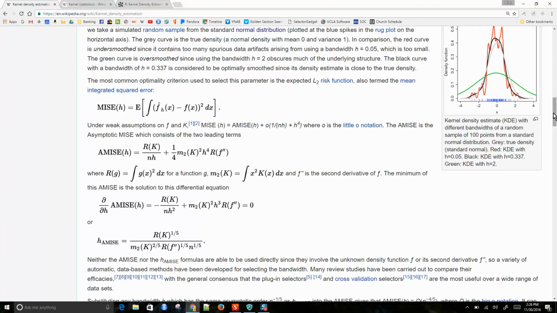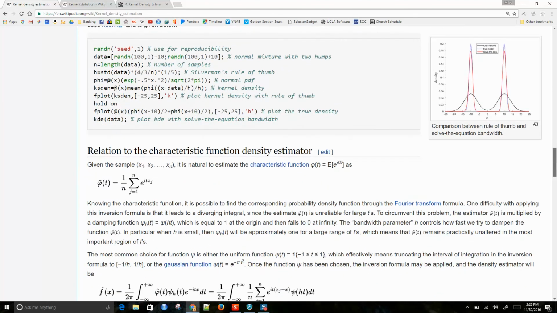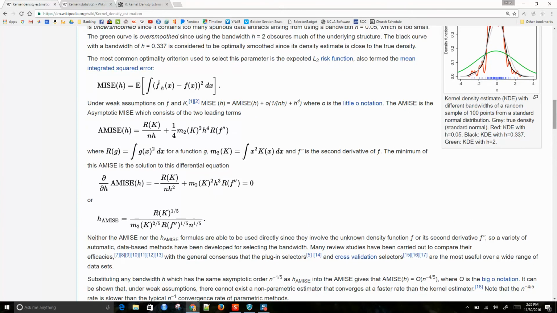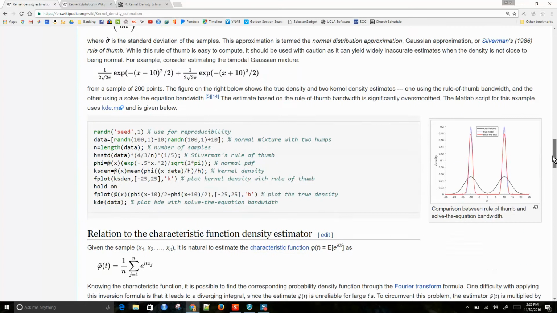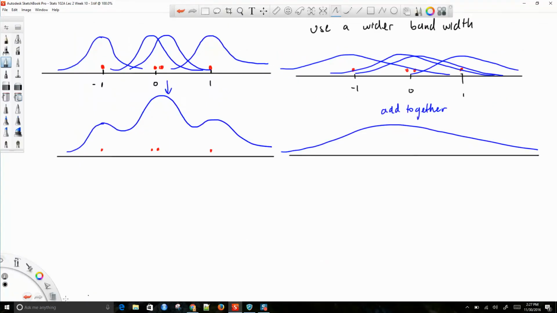They have the rule of thumb bandwidth estimator, these different bandwidth functions, and exactly how the resulting thing would look. Okay, we also have a selection of kernels. Here I've been using Gaussian kernels, but we could also have different shaped kernels as well.